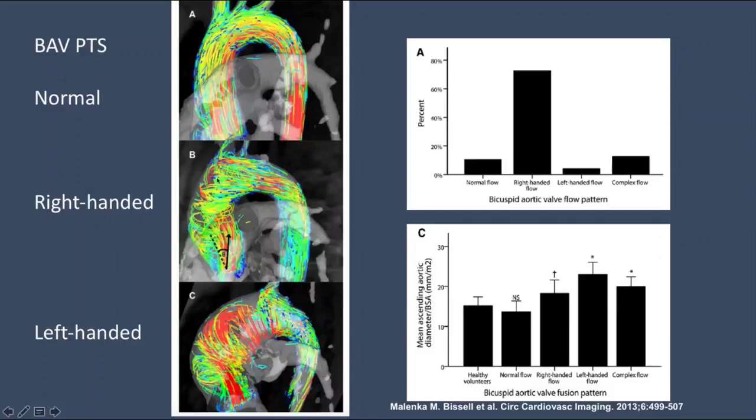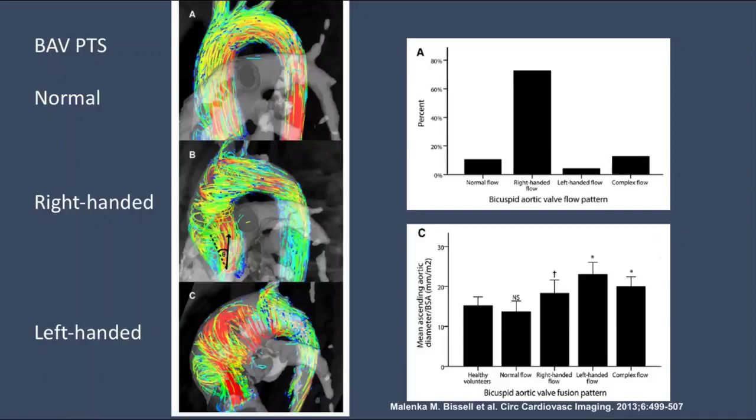There was another group, and the most prominent pattern actually was this right-handed helical flow pattern, where the flow through the aorta was initially directed anteriorly and to the right. And then there was another subset that had a left-handed helical flow pattern where flow was directed posteriorly and to the left. And then finally, there was a group that had a complex flow pattern that wasn't easily characterizable.